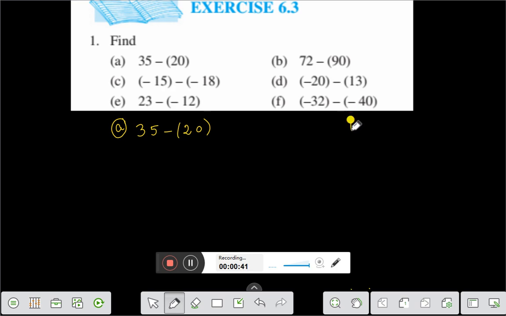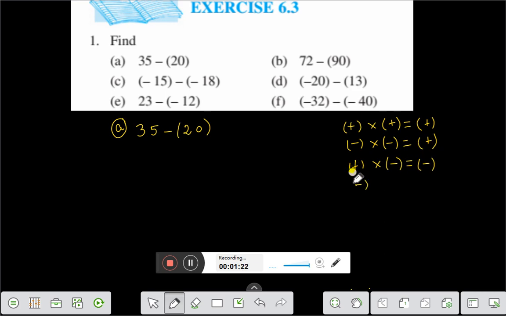If we multiply plus with plus, plus into plus will be equal to plus, right? And minus multiplied with minus we get plus, right? And plus multiplied with minus, we get minus, right?